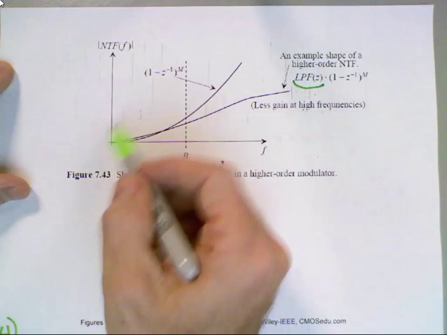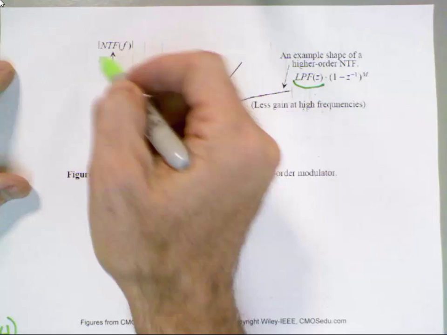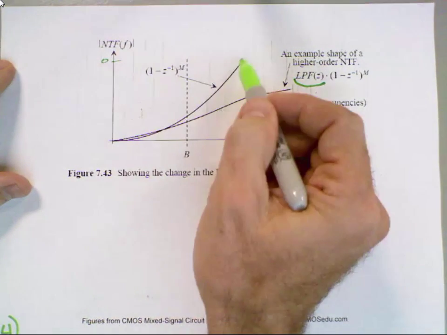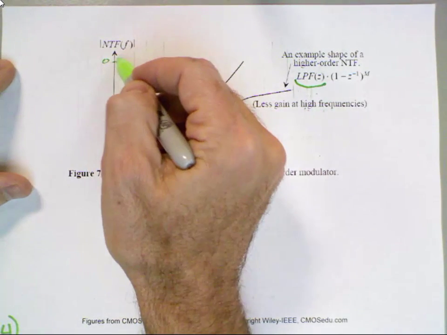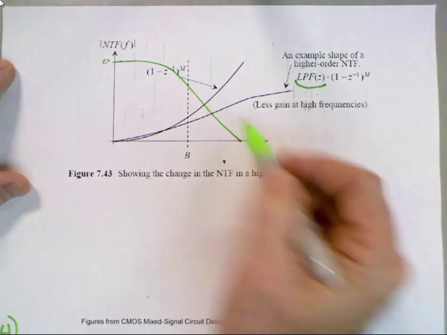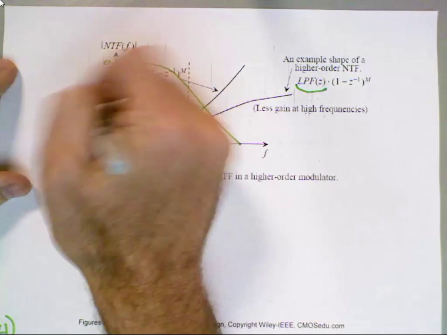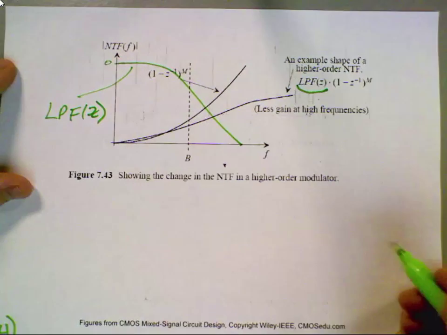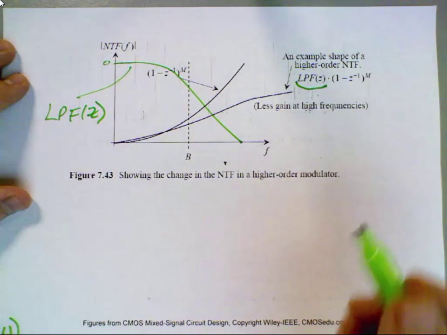So your differentiation continues to go up, but if you low-pass filter it, you're passing, say, 0 dB, and you're passing the noise transfer function through something that does this, and then it kills the gain at high frequencies. Okay, so this would be LPF of Z. And it's that straightforward.